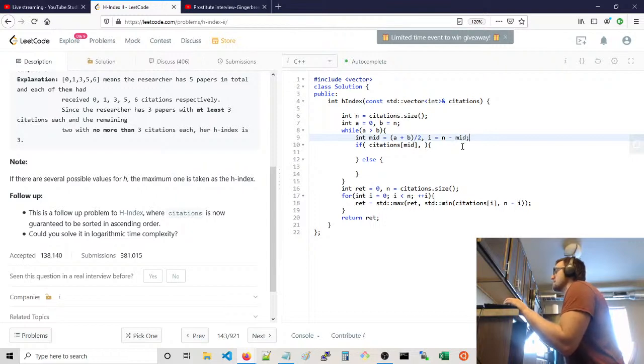Yeah, I think that's what I'm getting kind of hung up on. And then we want to say, okay, you get this number, the minimum of citations of mid at that index of I, really, and n minus I.